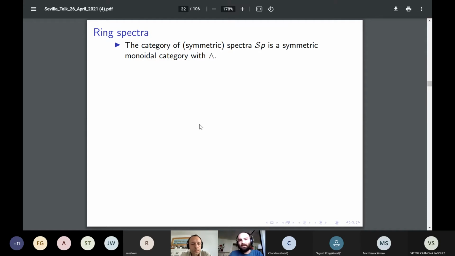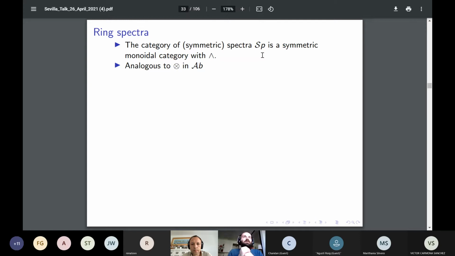And one thing that aids this is the fact that there are models of spectra that are symmetric monoidal, in the sense that there is a smash product on spectra, which basically comes from the smash product of topological spaces. And this smash product behaves nicely in the sense that it's associative, unital, and symmetric. So it's a symmetric monoidal category. That's what it's called.